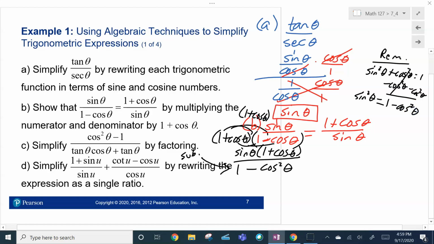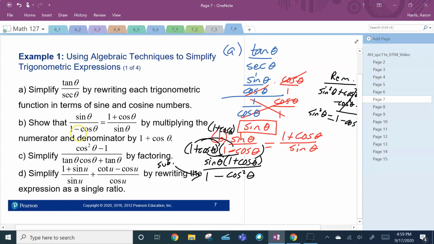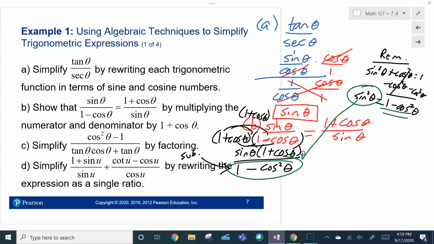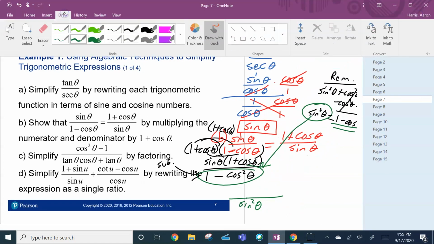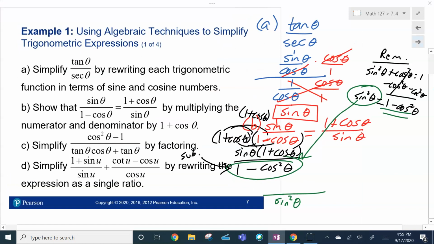So I'm going to go ahead and substitute that. 1 minus cosine squared is sine squared, so I'm going to substitute that in right there. My denominator becomes sine squared theta. Then my numerator is still sine theta times 1 plus cosine theta.